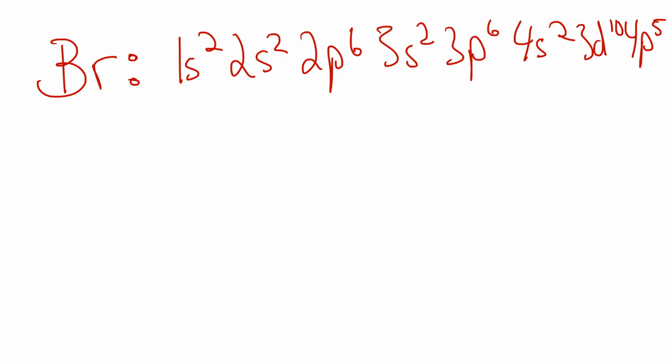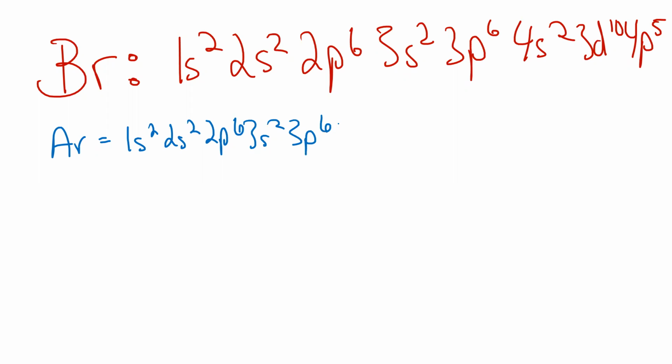gases. And what we do is we utilize the noble gas configuration from the previous line. Okay, so that would be the closest noble gas to bromine, not going forward, is argon. Follow with me. What is the electron configuration of argon? The electron configuration of argon is 1s2, 2s2, 2p6, 3s2, 3p6.